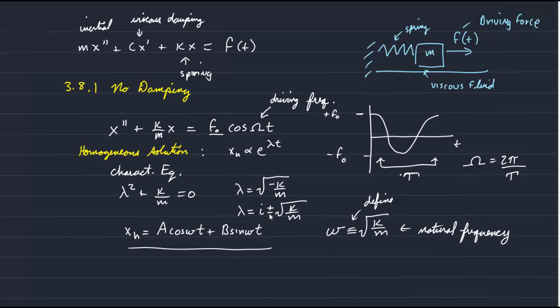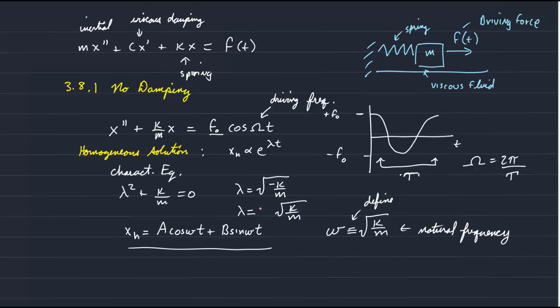Now, I'm just noticing that I didn't write this solution correctly, and some of you hopefully noticed this and had some questions. So if lambda is equal to the square root of minus k over m, then the solution for lambda is plus and minus i times the square root of k over m.